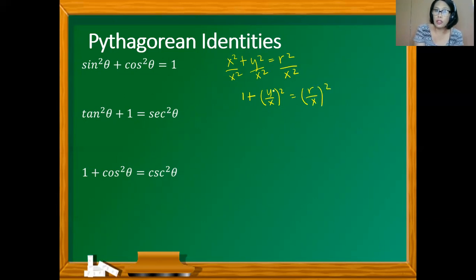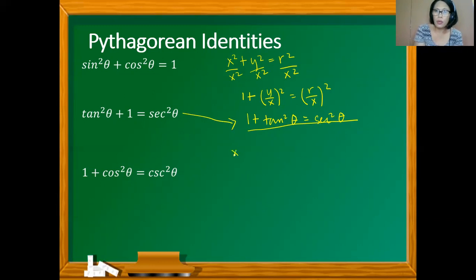Now, we know that the ratio of y over x is tangent, and this is 1 plus tangent squared theta, and r over x is secant squared theta. So we got 1 plus tangent squared theta equals secant squared theta.